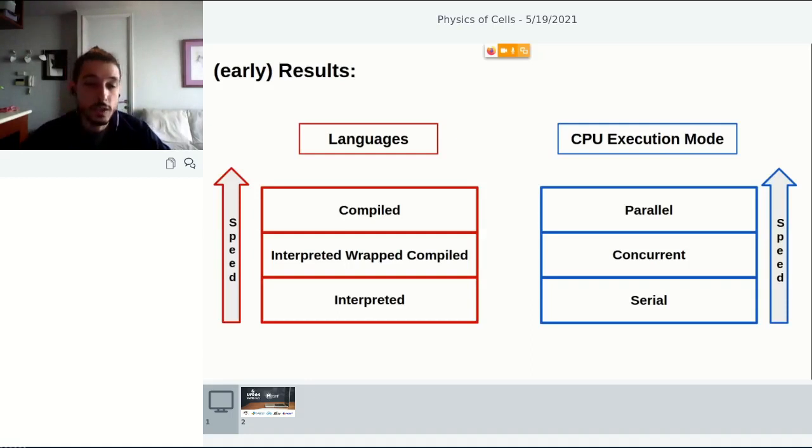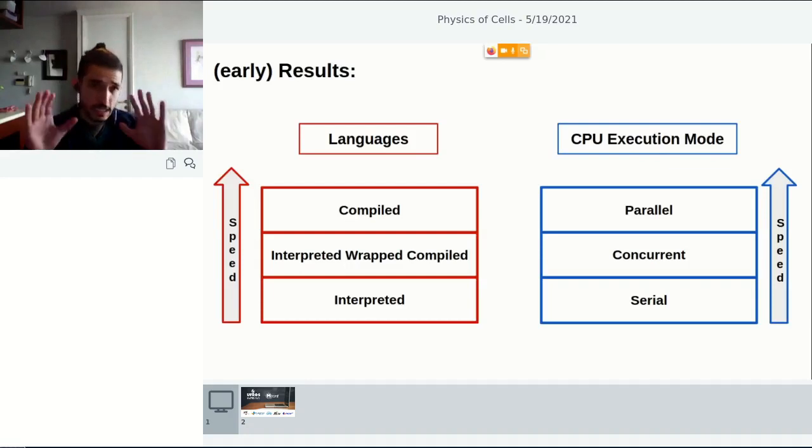A serial execution would be: you are playing the game, your boyfriend or girlfriend asks you to taste the food, and you simply keep playing and just taste the food after you finish playing. And a parallel execution would be you are playing the game and at the same time you are tasting the food. This would be parallel.